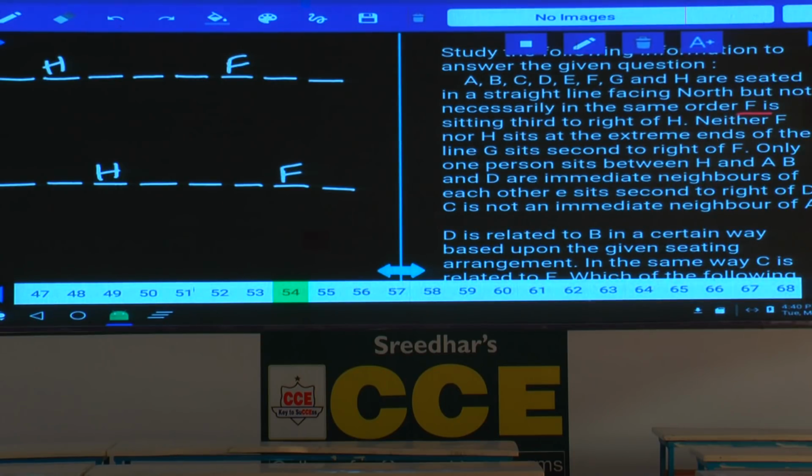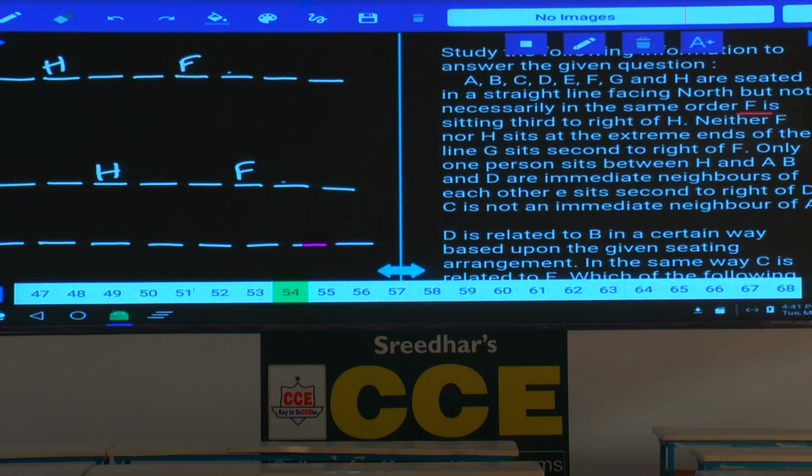F is seated third to the right of H, hence F must be at this place. And similarly here. Then what is the other possibility here? 1, 2, 3, 4, 5, 6, 7, 8.